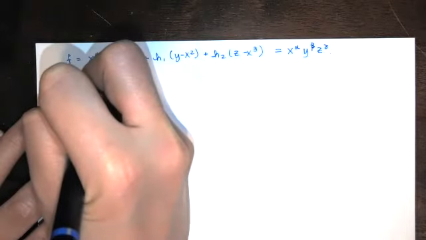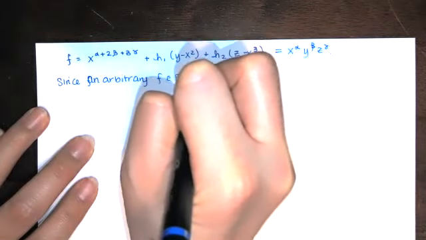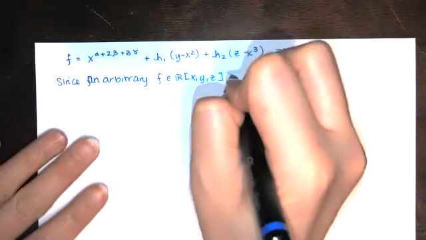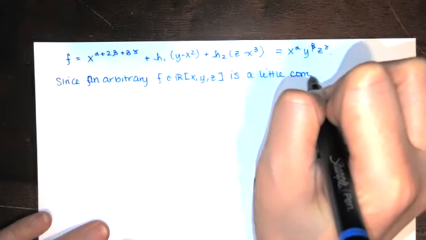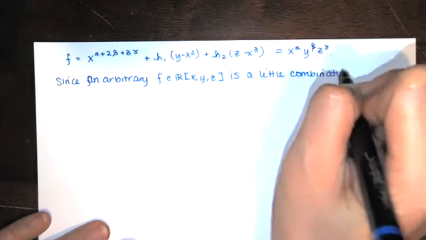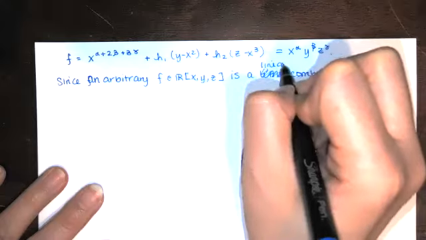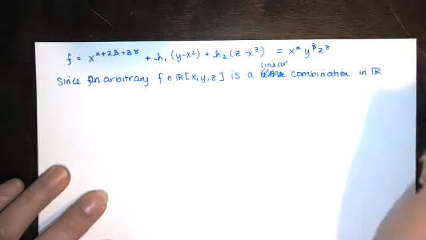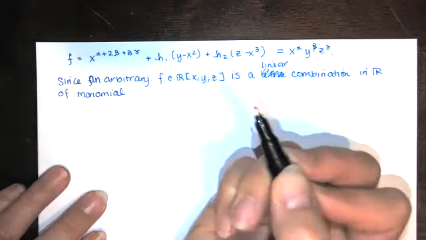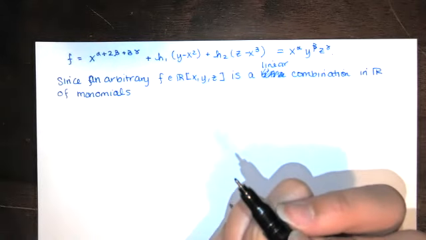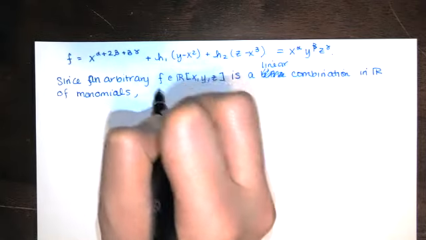So we'll say since an arbitrary f in our polynomial ring is a linear combination in R. So we're taking real numbers and then multiplying them by these monomials. I wrote, linear combination in R of monomials. Then every f can be written in this form.